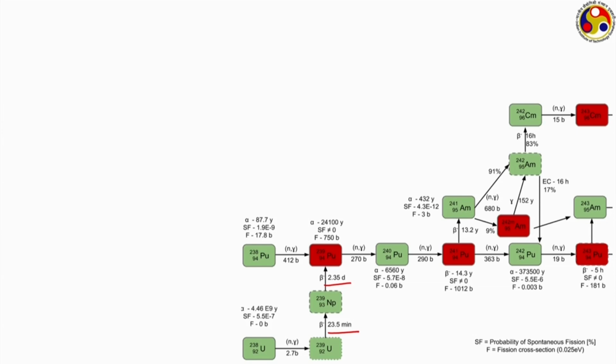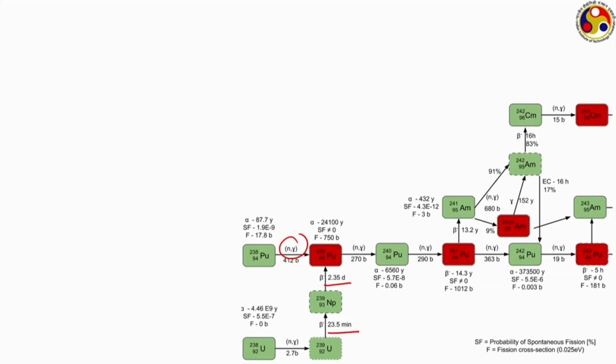Plutonium 238 can also participate in an (n,gamma) reaction to produce plutonium 239. So, plutonium 239 can get produced in two ways: one is by a direct neutron capture of plutonium 238, or because of two successive stages of beta decay of uranium 238.